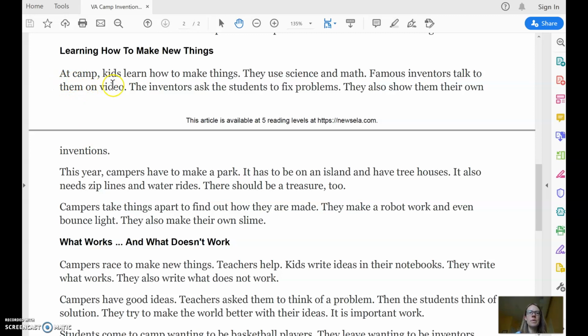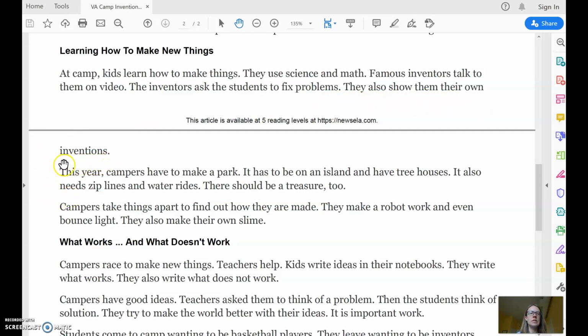At camp, kids learn how to make things. They use science and math. Famous inventors talk to them on video. The inventors ask the students to fix problems. They also show them their own inventions.